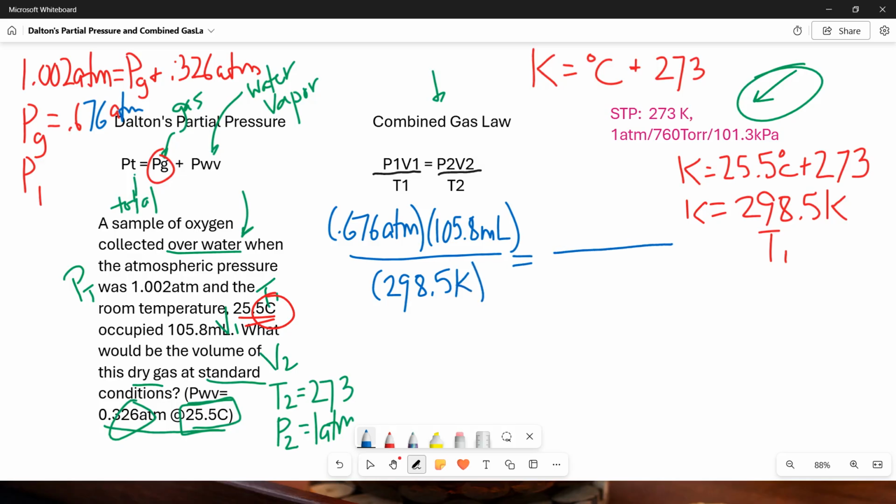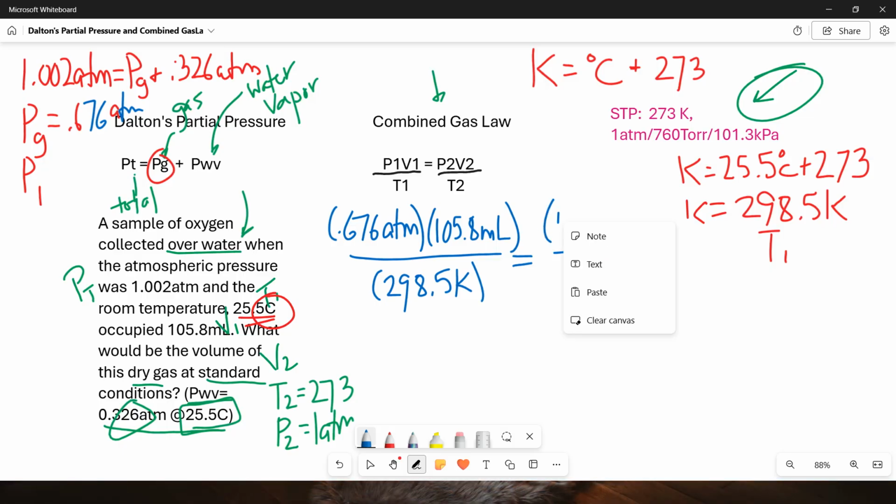And on the second side, my pressure is going to be 1 atmosphere because it's at STP. And my volume is unknown. And my temperature is 273 because it's at STP.